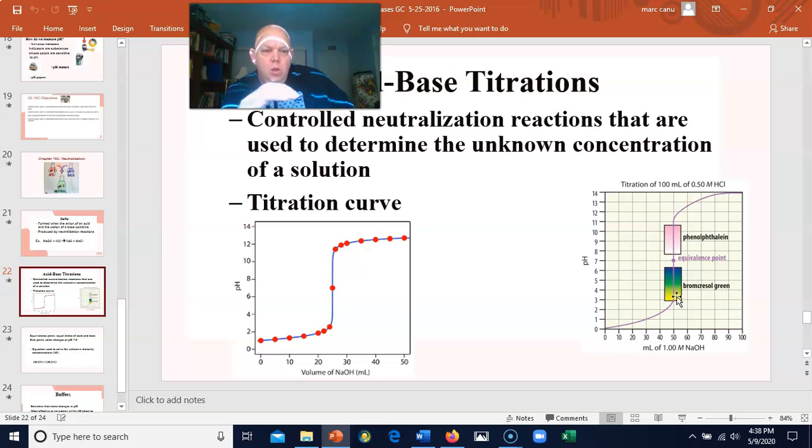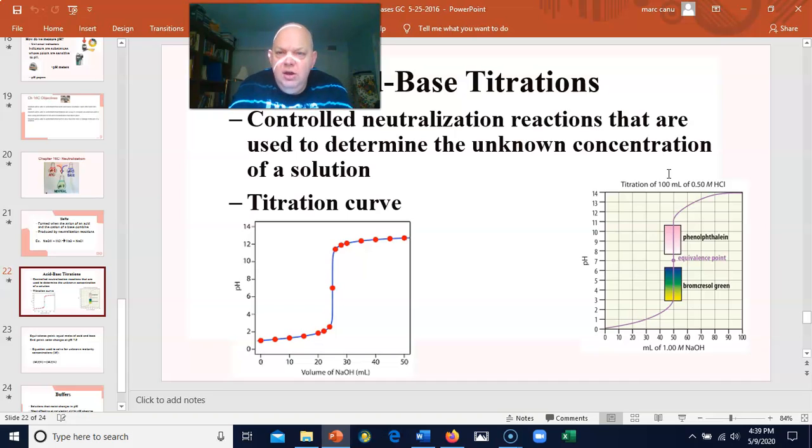All right, but if you notice right here, it ends right here, the equivalence point, pH is 7. That means the acid and base have canceled out. Now it's a pH of 7, and it requires 50 milliliters of 1 molar NaOH. Now, we started out with 100 milliliters of half a molar of HCl.